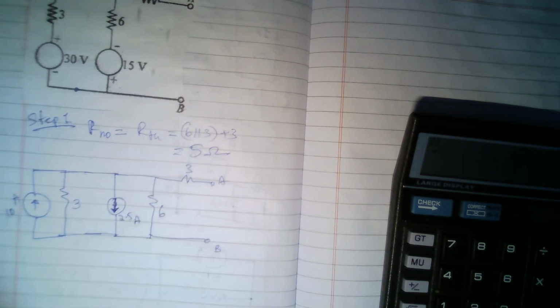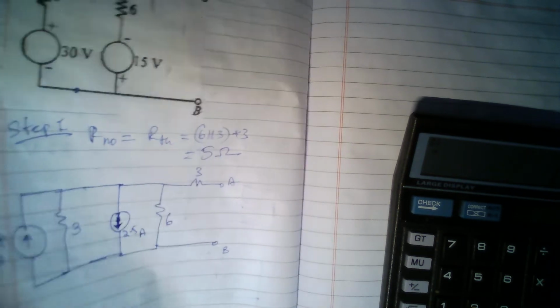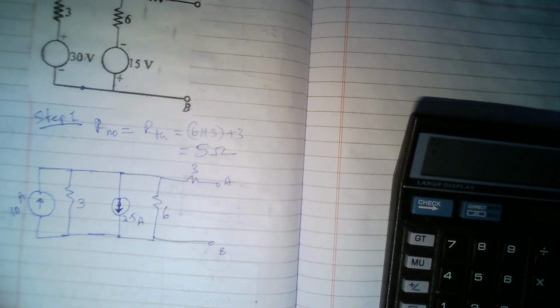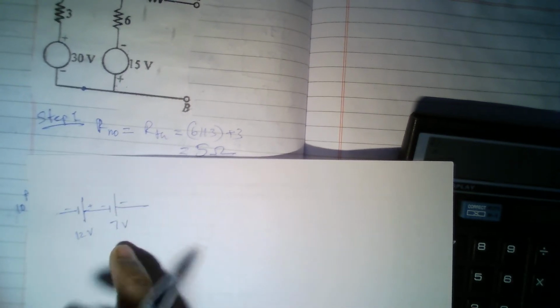What do you do if there are two voltage sources in series? For example, let me take a rough sheet. Say you have 12 volts and 7 volts in series, two voltage sources. You can replace them with a 19 volt source, since 12 plus 7 is 19.